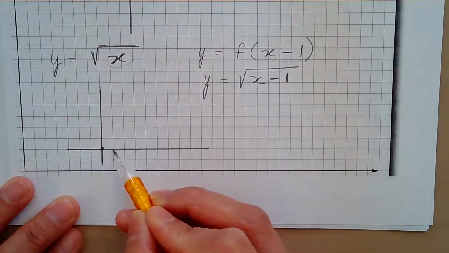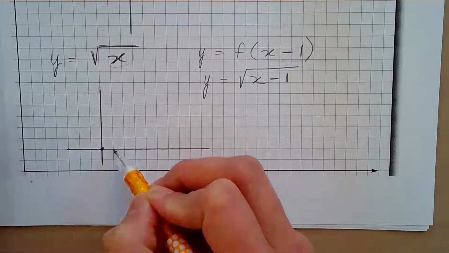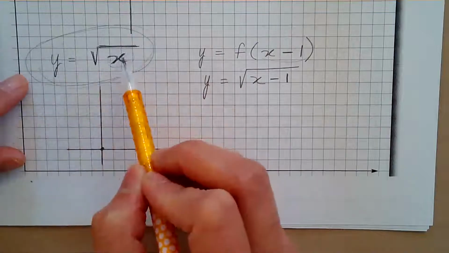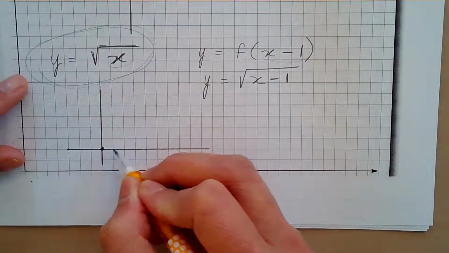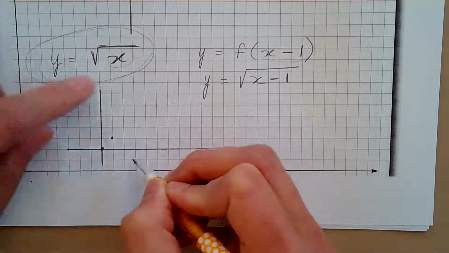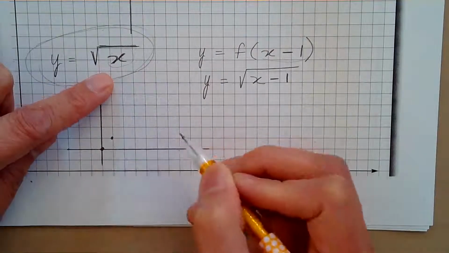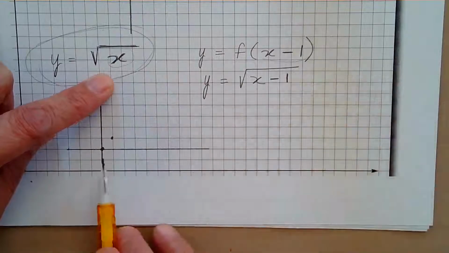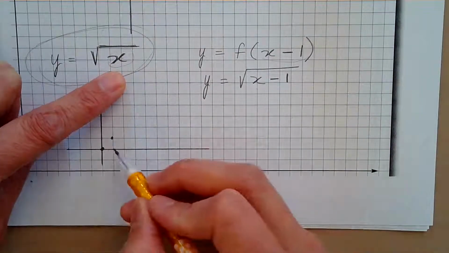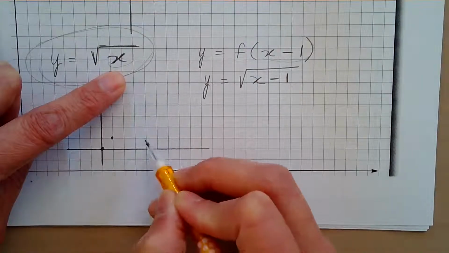If x is 1, y is 1. I'm going to skip a bit and use nice numbers. When x is 4, y is 2.